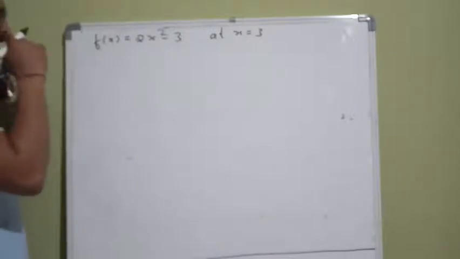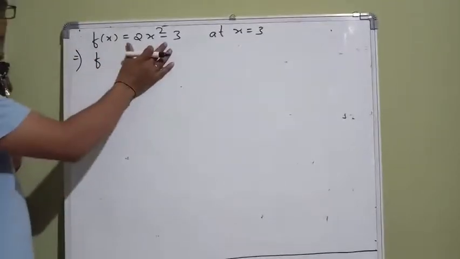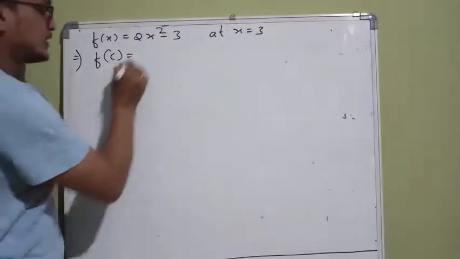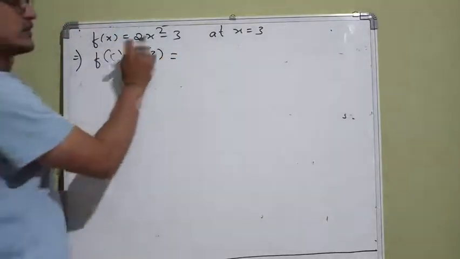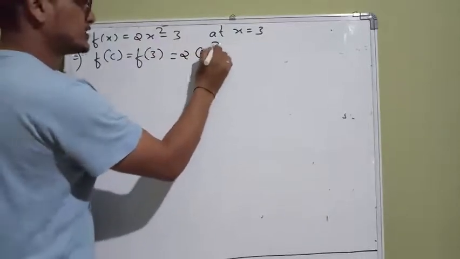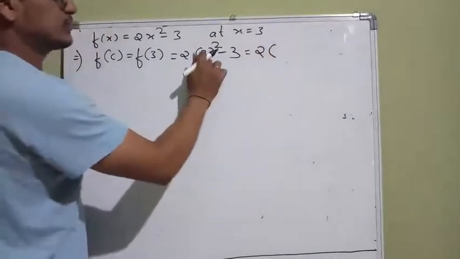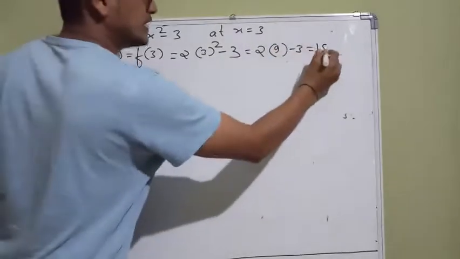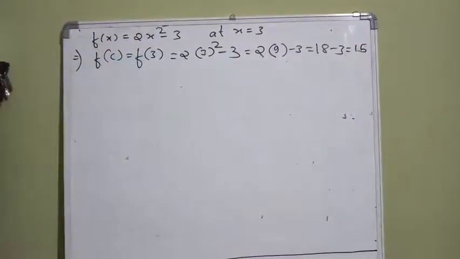Now here you have to check. This is a simple function, so we use the first definition. F of c, but c is 3 here. So f of 3: wherever x is there, we put 3. So 2 into 3 square minus 3. 2 into 9 is 18 minus 3, so the answer is 15.